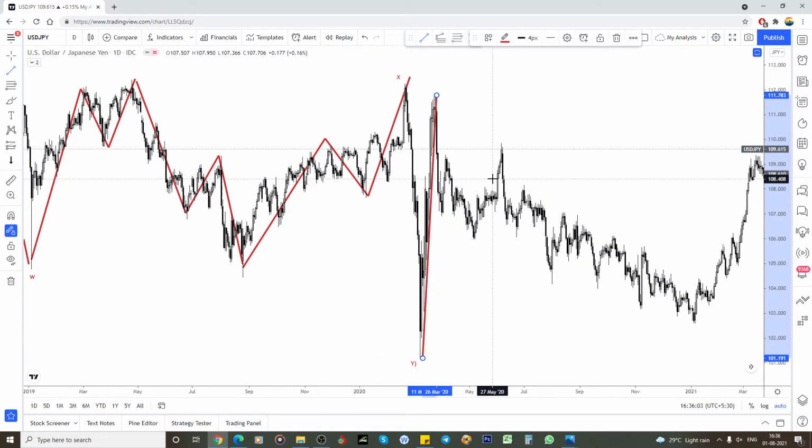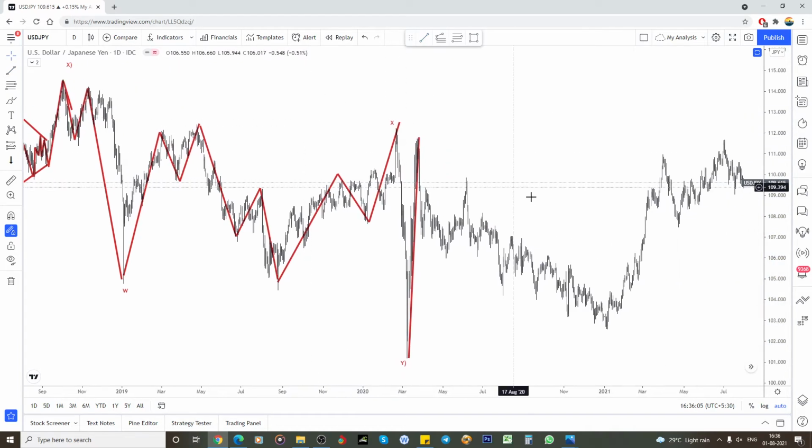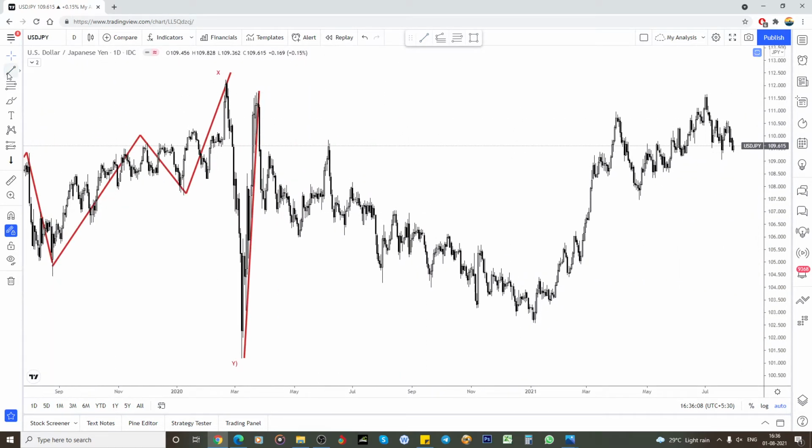It's an impulsive wave. After this it also didn't break the low. It's not yet broken. So still my target is to break 111.75.